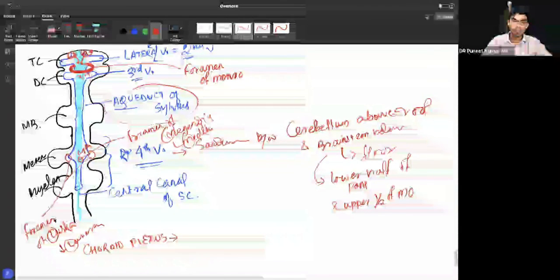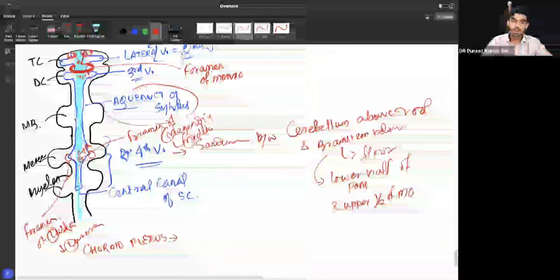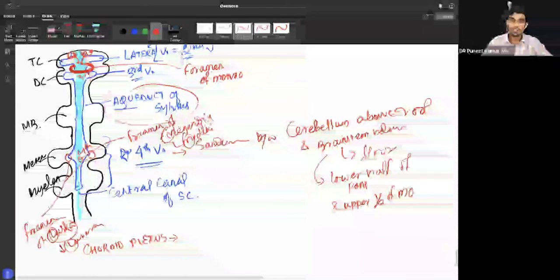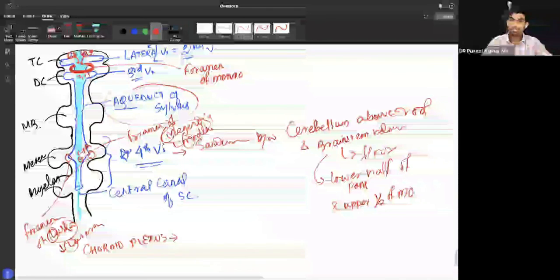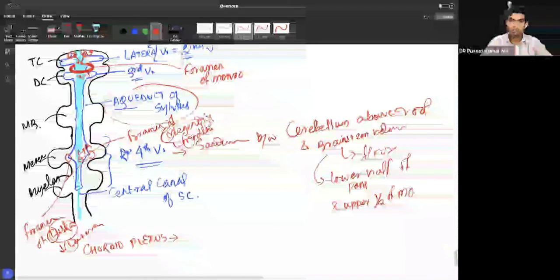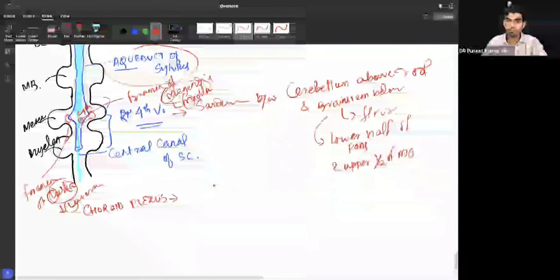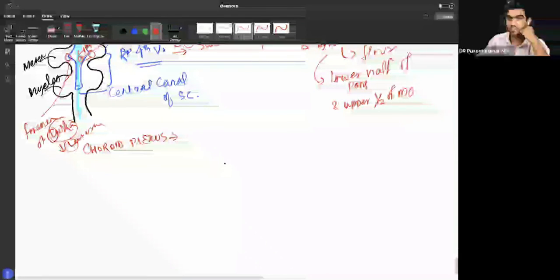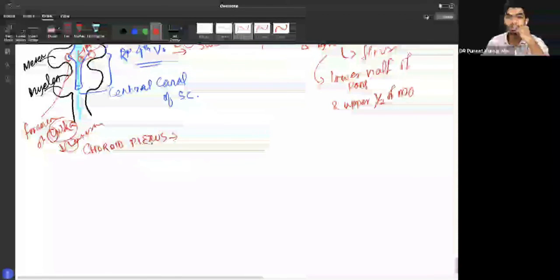The lateral one is the foramen of Luschka, and the middle one is the foramen of Magendie. From the subarachnoid space, the CSF goes to the large venous sinuses like the dural sinuses through the arachnoid granulations.